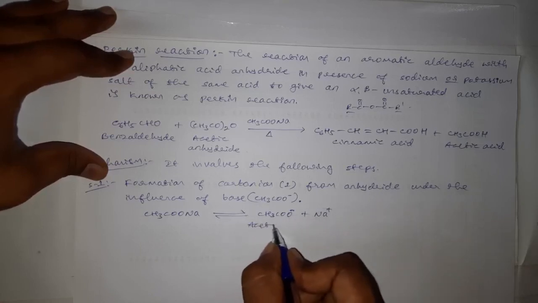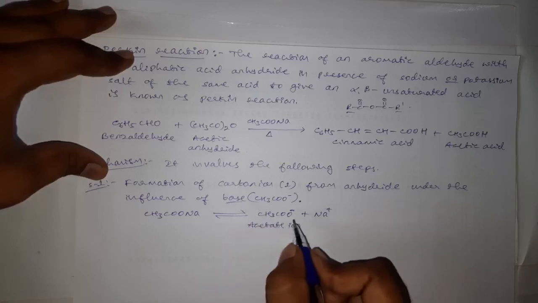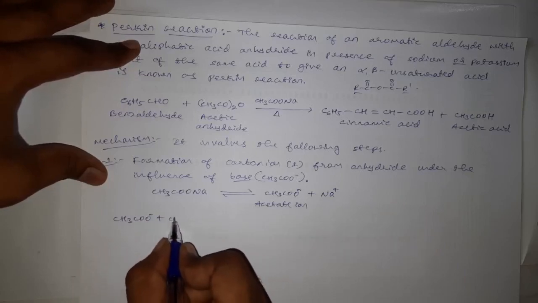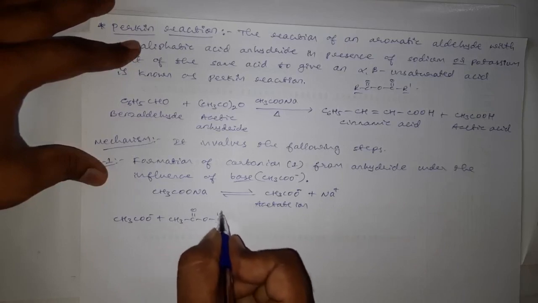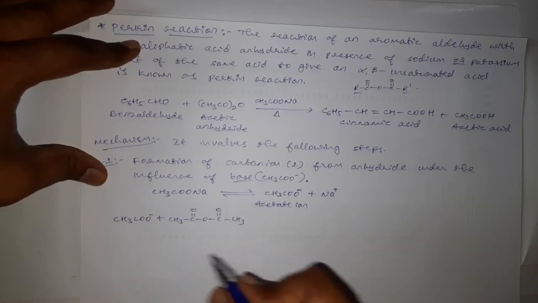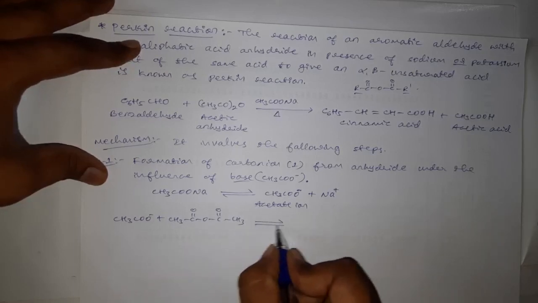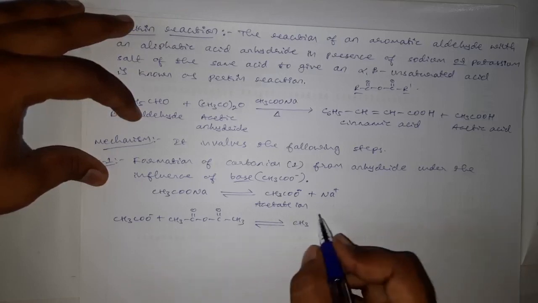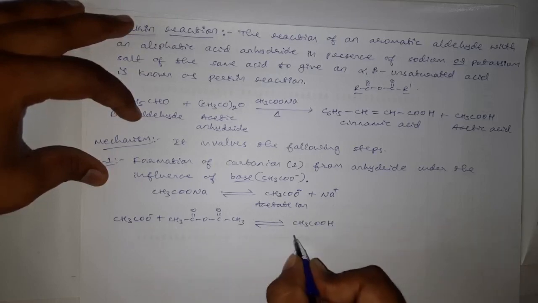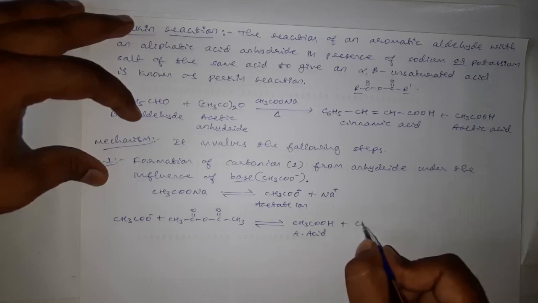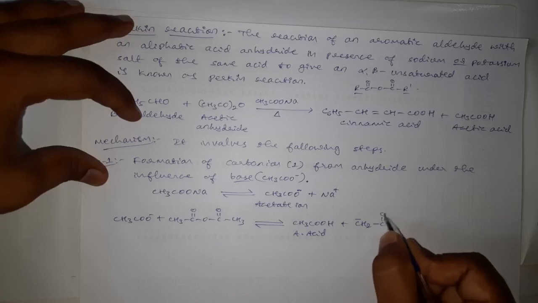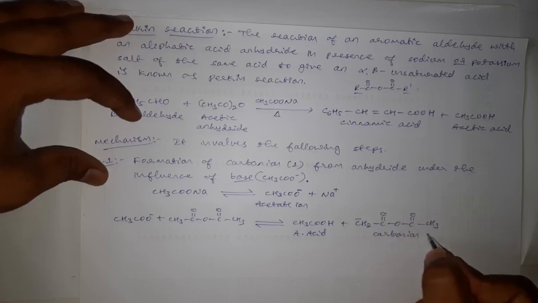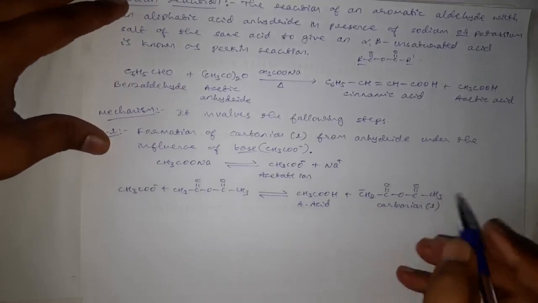This is the acetate ion, which will act as a base, and this base will now react with acid anhydride CH3C=O, O, C=O CH3. It will drag one of the protons from this methyl group, giving CH3COOH, acetic acid, and CH2 minus C=O, O, C=O CH3. This is called carbanion 1.